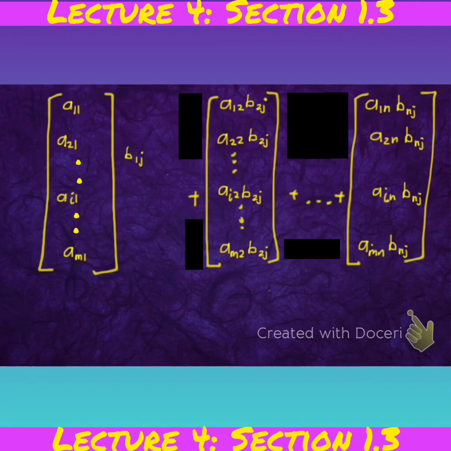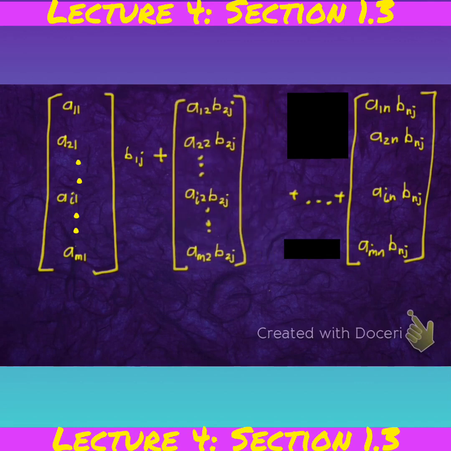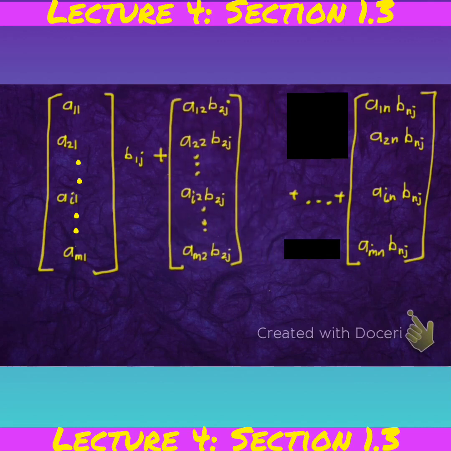Then we take the second column vector, and we again notice that there's a scalar multiple in it, the scalar multiple being B2j. So we can take that B2j term out from every single row, and that forms another scalar multiple.